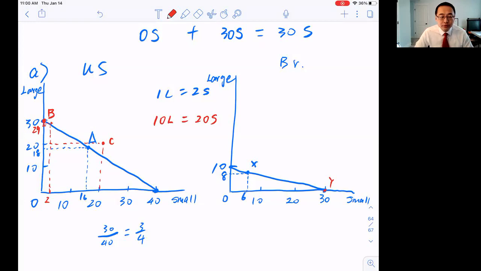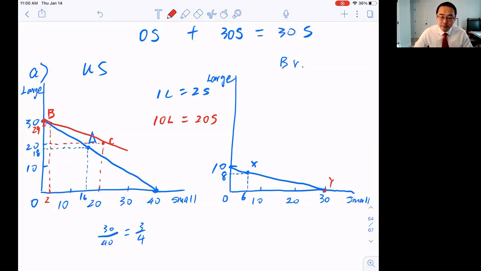So as soon as you start trading, that trade effect is going to kick in. In fact, if I connect B and C, like that, I know I missed it a little bit, but if I connect B and C, this red line is our new consumption possibilities frontier. When we don't trade, your PPF is your CPF, right?